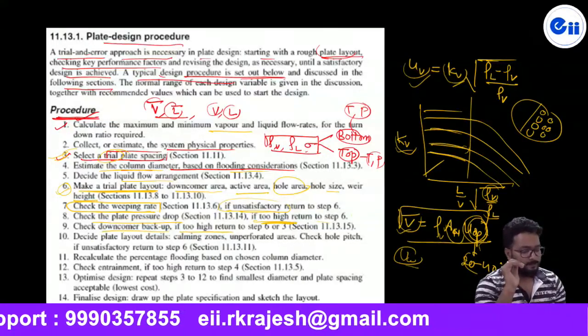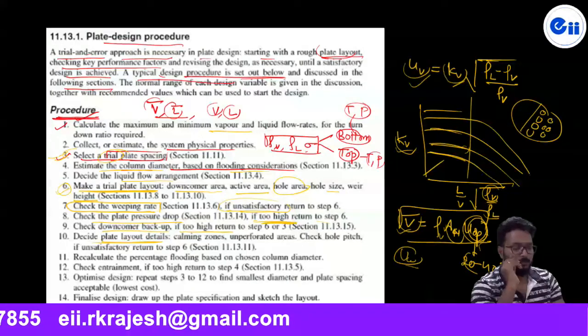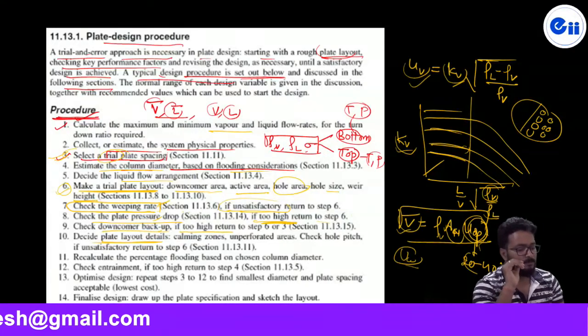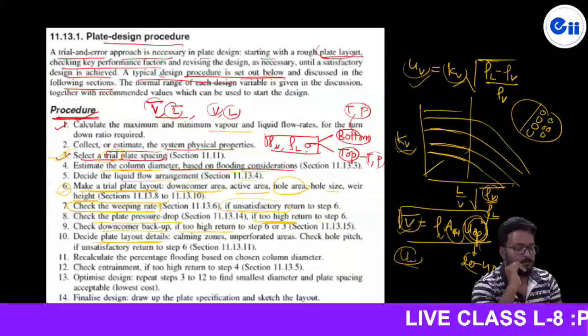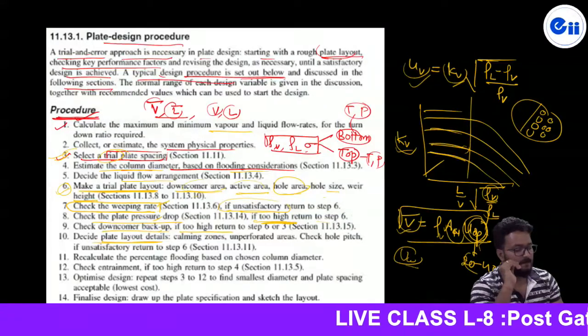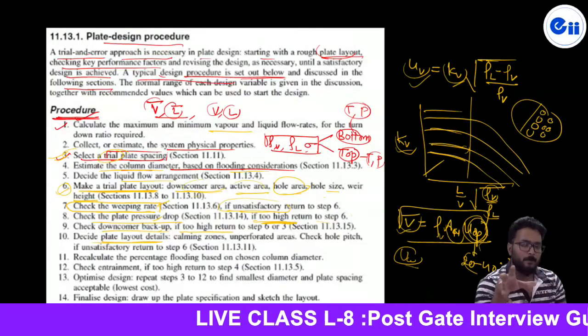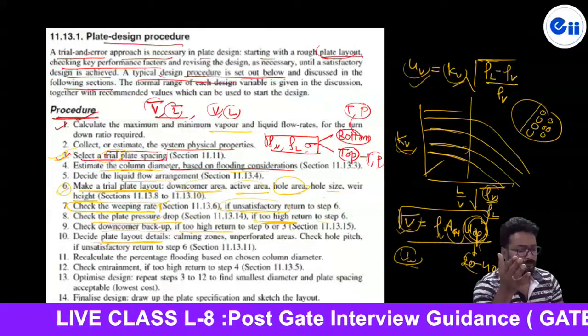Thereafter, decide the plate layout details. Whatever plate layout we have assumed first, if everything is within the limit, that is, on the basis of the downcomer area, active area and hole size, if weeping is satisfactory, pressure drop is satisfactory and downcomer backup is satisfactory, then we will further design the plate layout on the basis of the values we have assumed.